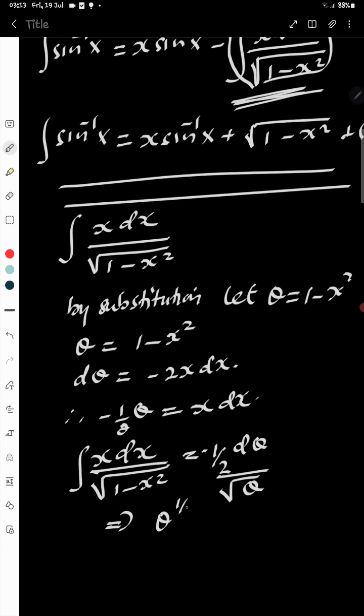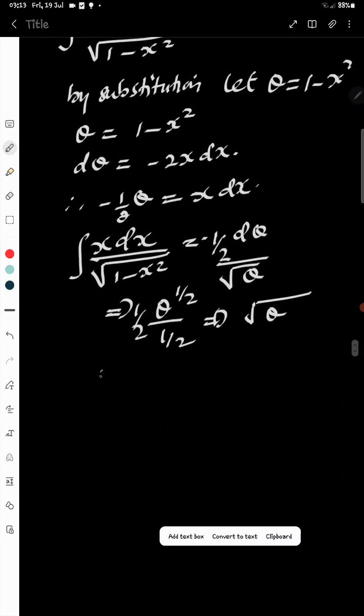When you simplify, this is equal to root theta.